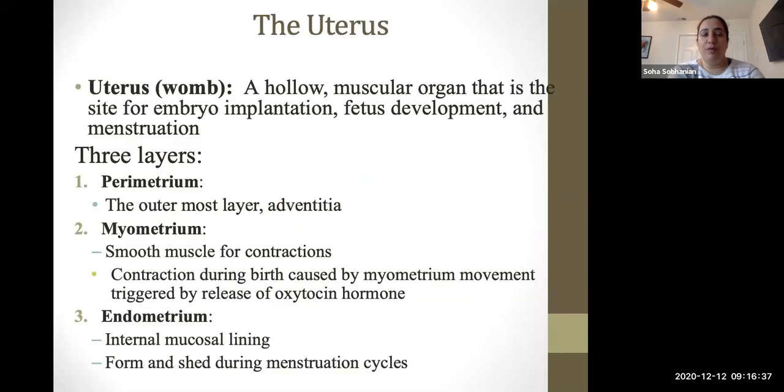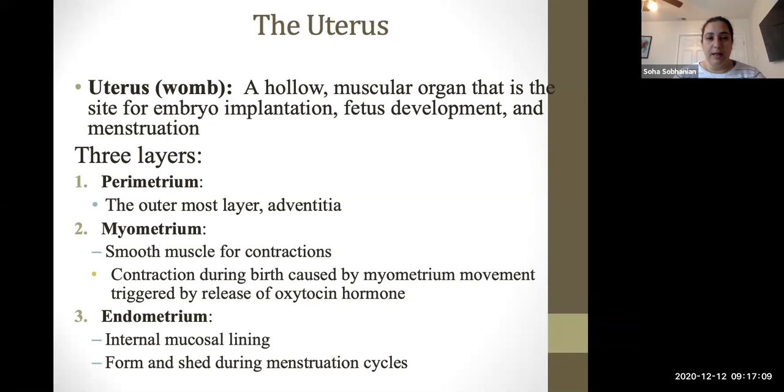So moving forward, the uterus, which is the next part of the female reproductive system. The most important characteristic of this is that it is mostly muscular, and the type of muscle you see in this organ is smooth muscle. If you look at the uterus in terms of layers, it has 3. The innermost lining is called endometrium.